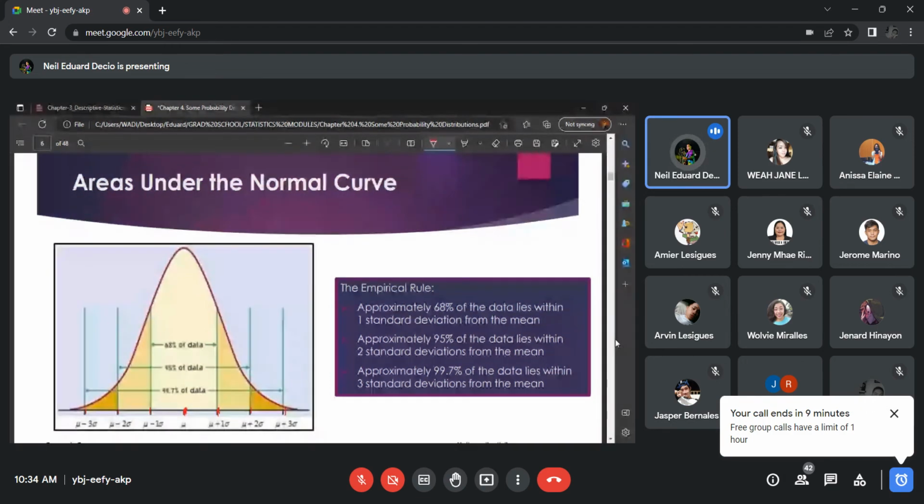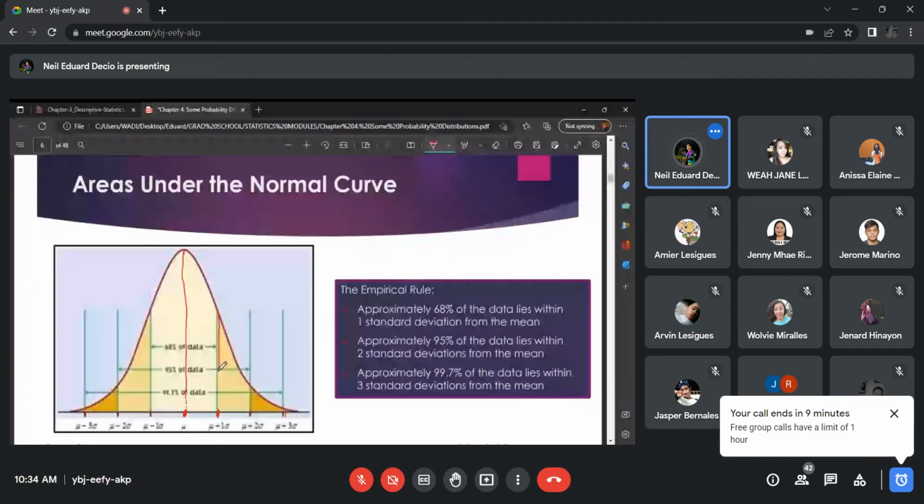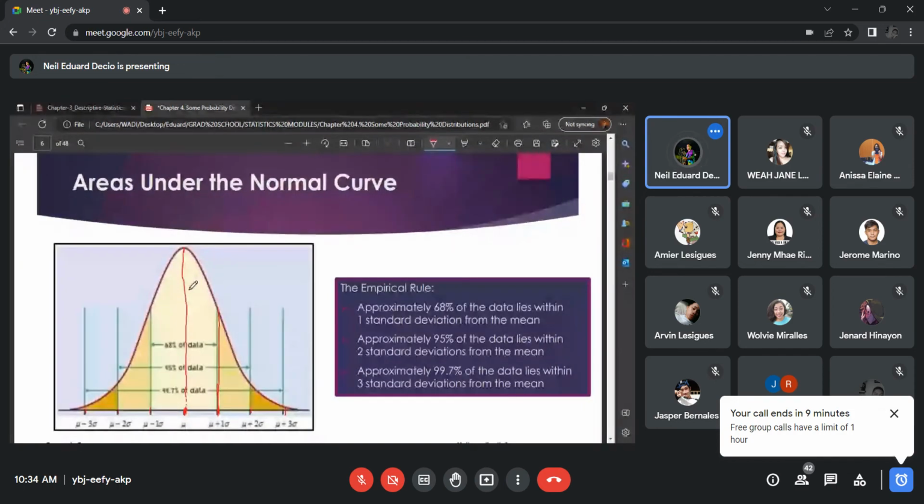Like say for instance, from the mean, from the center, from 0 to 1, what percent of the data is there according to the empirical rule? If you have understood the empirical rule, what would be the measure of the value from the mean to 1?